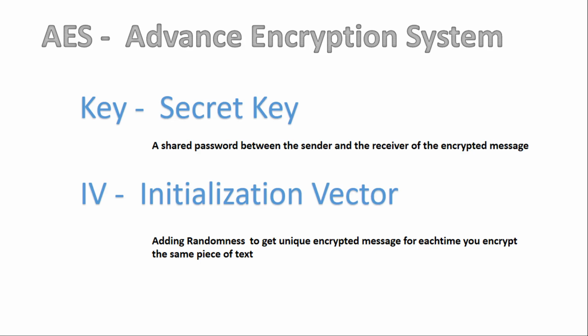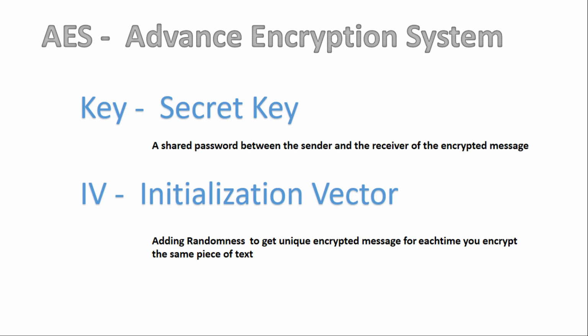AES operates on fixed size blocks of data and supports various key lengths like 128, 192 or 256 bits, etc. With a longer key, we will get more secured encrypted data. Okay, so this is the AES which we are going to use in our encryption method.